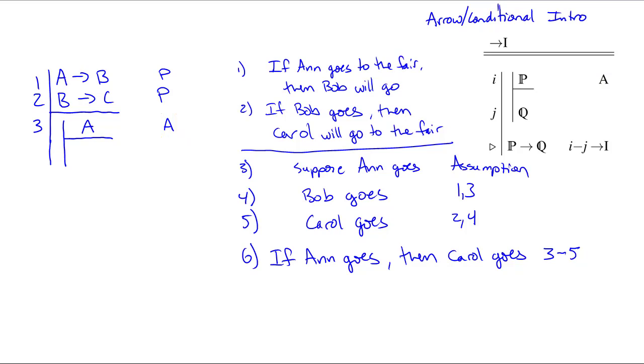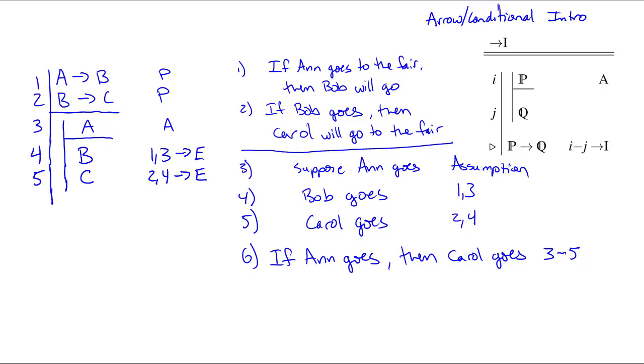And then we can proceed inside the scope of this subderivation to continue deriving things. So now we can work with lines 1 through 3. 3 matches the antecedent of line 1, so we can derive the consequent, 1 and 3 arrow elimination. We continue both scope lines as the derivation continues. With 4 and 2, we can get C, again arrow elimination.